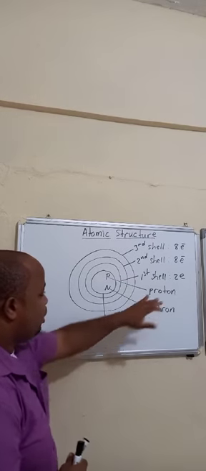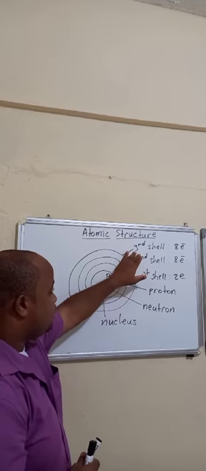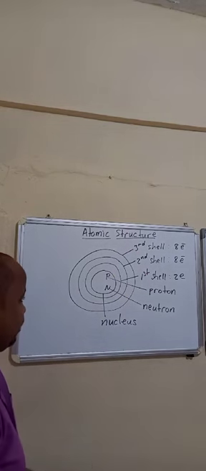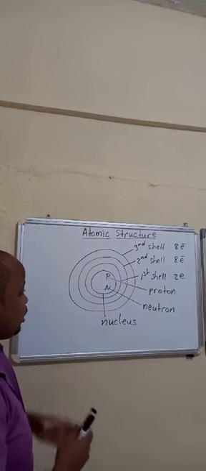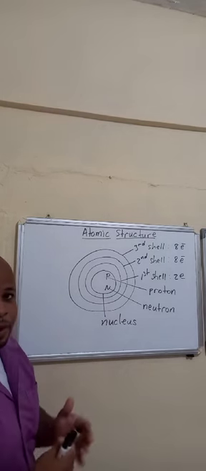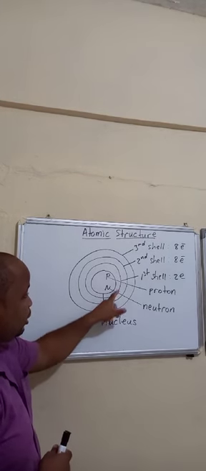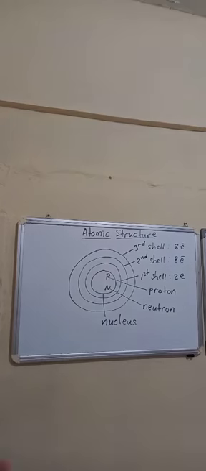So the first shell holds 2 electrons, the second shell holds 8, the third shell holds 8 as well. This is the basic construct of your atom. Depending on the type of element, you may use 1 shell, 2 shells, or 3 shells.